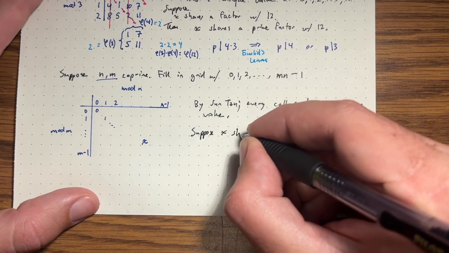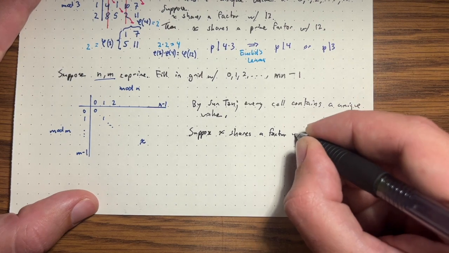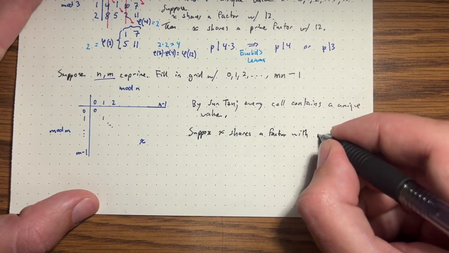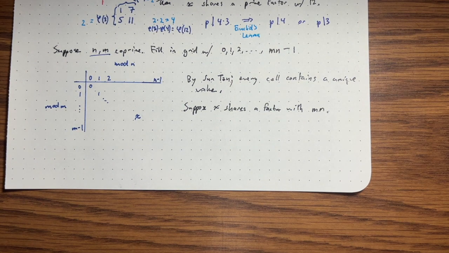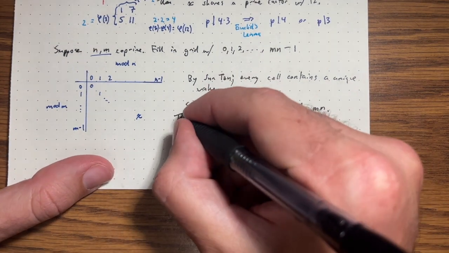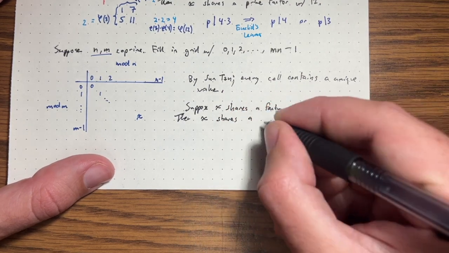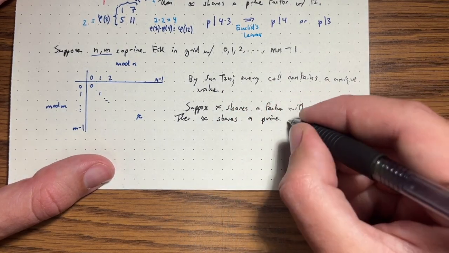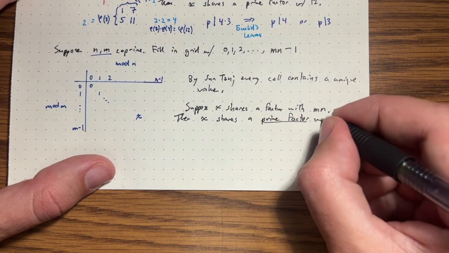Okay, and now we're going to take some number x belonging to this grid, and let's suppose that x shares a factor with the product mn. Then, here's the idea, x is going to share a prime factor with mn.